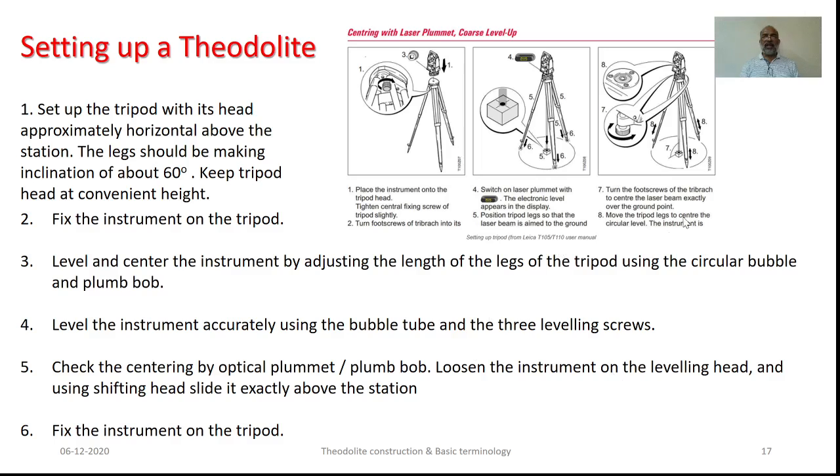Once the leveling is done, the last step is to use the shifting head to slide the equipment exactly above the station. As we use the shifting head, usually there is not much change in leveling, but if there is a small one, it can be corrected using the leveling screws. Once the exact centering is done with the shifting head, the equipment can be fixed.